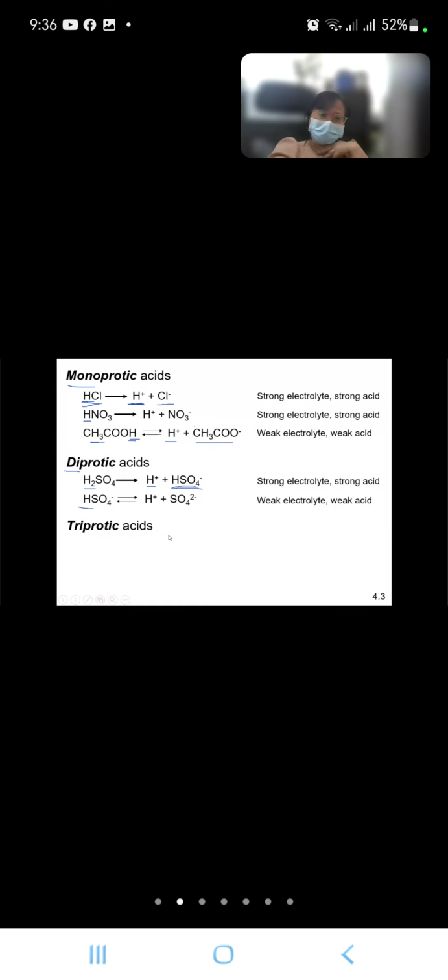For triprotic acids, these are acids containing 3 ionizable hydrogen ions, no? For example, H3PO4 or phosphoric acid. So this is a weak acid, and as you can see, the reaction is reversible.